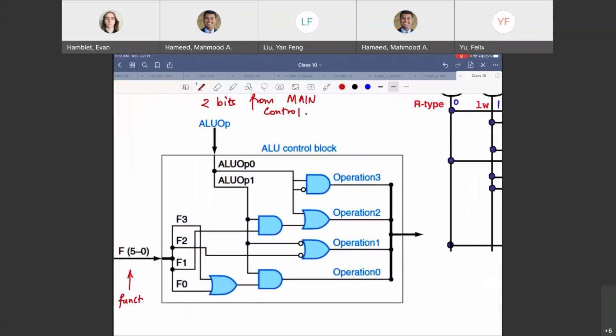What is operation 3 going to be? Take ALU op 0 and its complement and AND it. It's always going to be 0 there, right? X and X complement, the same thing getting complemented. Always going to be 0.